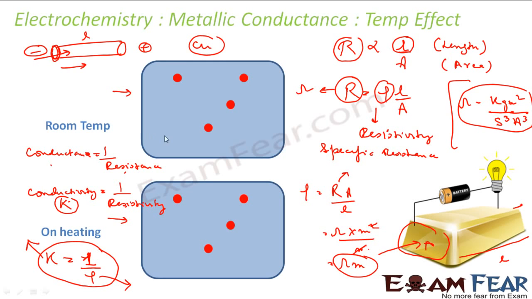Conductance is G, resistance is R, so G is equal to 1 by R. Conductivity is K, resistivity is rho. Hope you remember, G is conductance, R is resistance, G is 1 by R, and K is conductivity, rho is resistivity. You must have learned this in physics class.